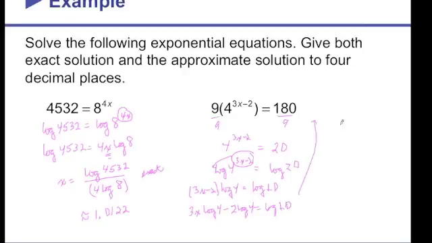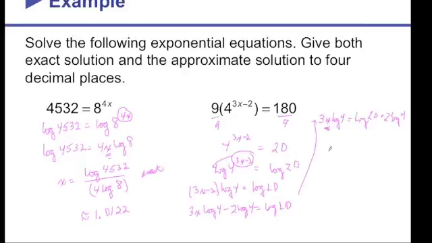Continuing that up here, I'll be adding 2 log 4s to each side. So I'll have 3x times the log of 4 equals the log of 20 plus 2 times the log of 4.